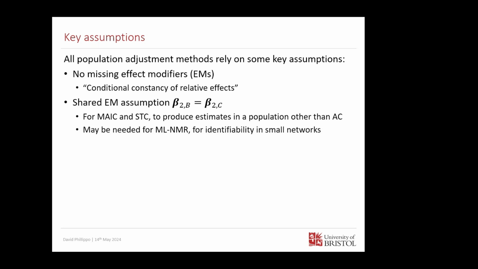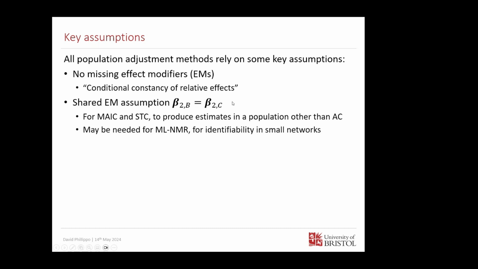And that's because if you make this assumption and you say that these interaction terms are the same, then when you form that population adjusted indirect comparison, these interactions cancel out, and that's why you get relative effects that are constant across study populations. In an ML-NMR, you sometimes have to use this, particularly in smaller networks, to help identify the model.